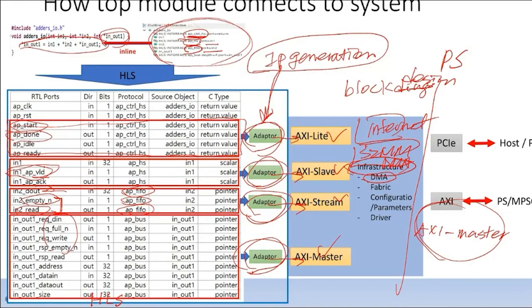Interconnect is the fabric. And for the software, in order to hook onto the OS and API, it has metadata and the driver. That's the infrastructure. By adding those additional components, you can communicate with the host.